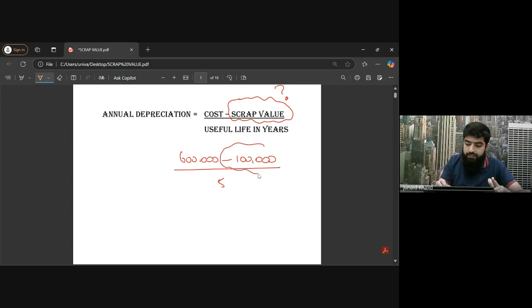Therefore, we deduct the scrap value while calculating the depreciation, because we will not avail that benefit while using the asset. Yes, we'll take the benefit while selling it. So that's why we deduct the scrap value, or the residual value or the salvage value, while calculating the depreciation. So that was the concept of why the scrap value is deducted while calculating the depreciation.